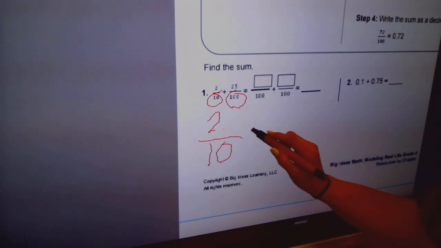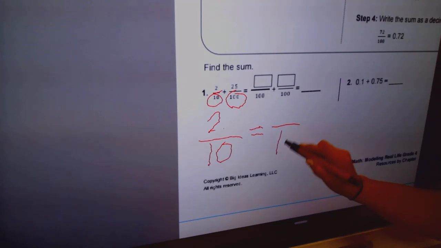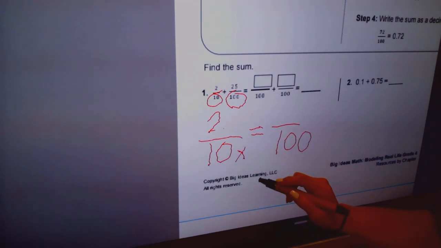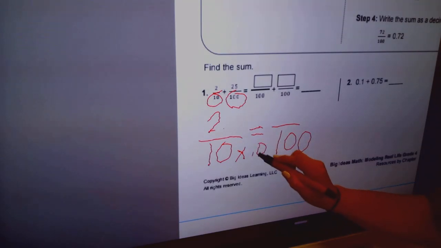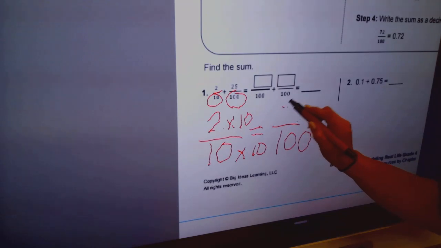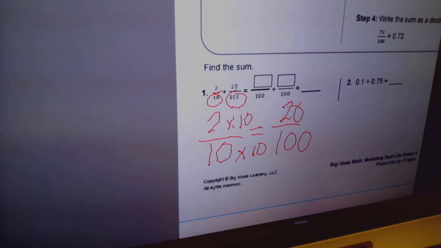So what do I do to tenths to get hundredths? Times 10. So that means I need to do 2 times 10, which would be 20 hundredths.